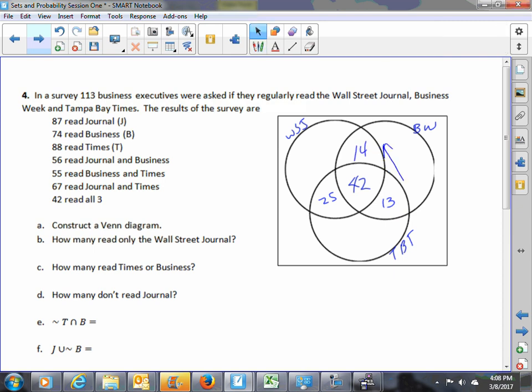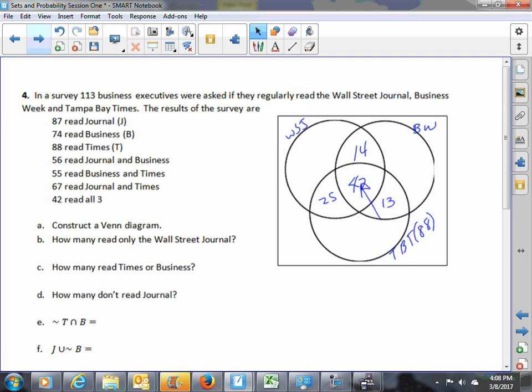Now, it gets a little more complicated. Now it says 88 read the Times. So there's a total of 88 business executives that read the Times. Now what we have to do is we have to see how many are already inside our circle.